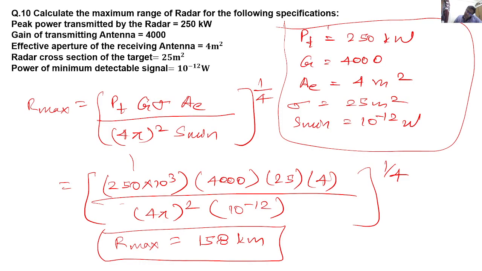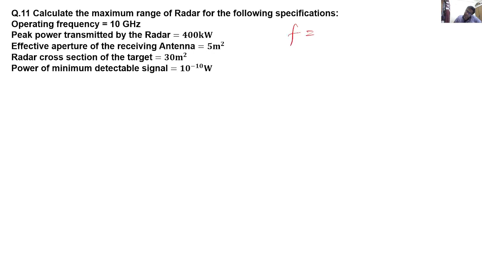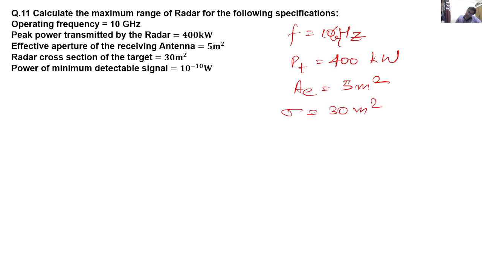So F is 10 gigahertz, the operating frequency. PT is given as 400 kilowatts. AE is 5 square meters. Sigma is 30 meter square. S min is 10 to the power minus 10 watts.